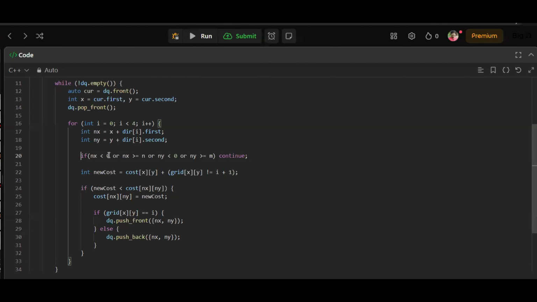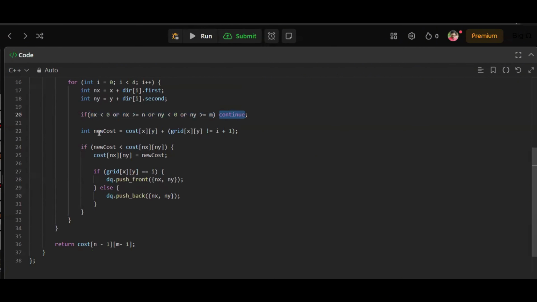If the new x or new y goes out of bounds, we continue. Otherwise, the new cost will be the cost of the parent, which is xy, plus whether grid of xy is not equal to i plus 1. If grid of xy is not equal to i plus 1, 1 will be added, otherwise 0 will be added.